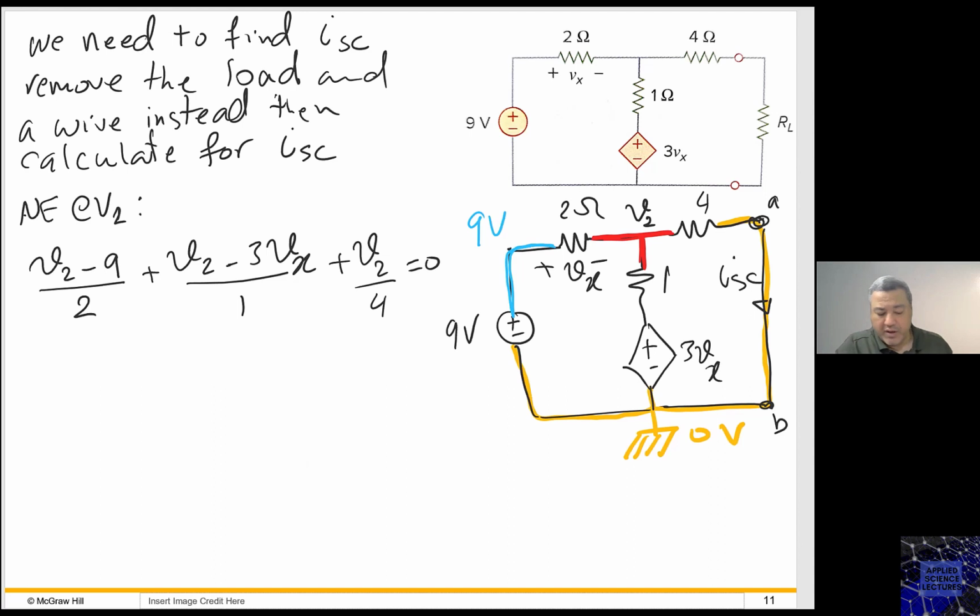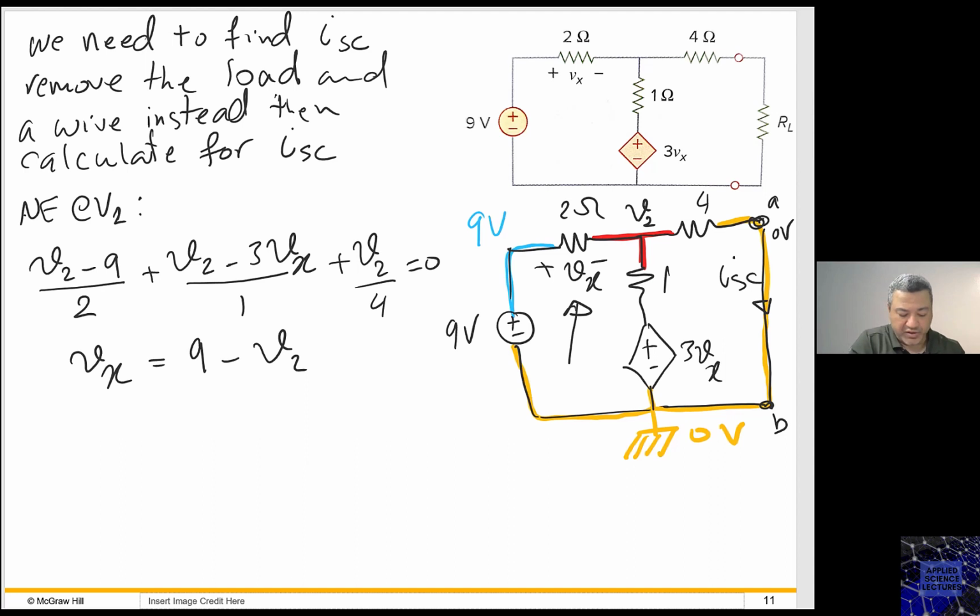Why over 4? Because this is now 0 volt, so I have a potential difference. And then what is the second equation? Again, the same: I have Vx from here being 9 minus V2.